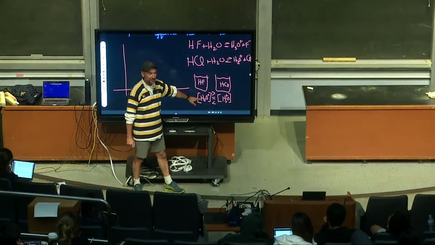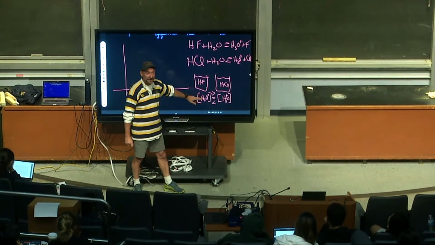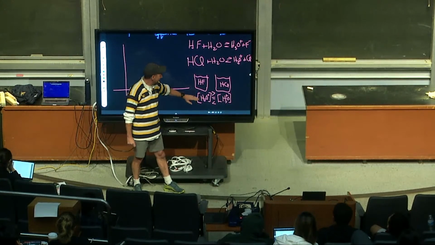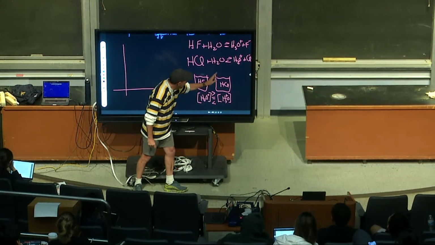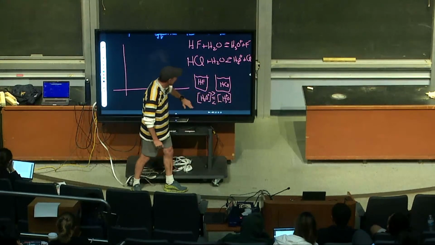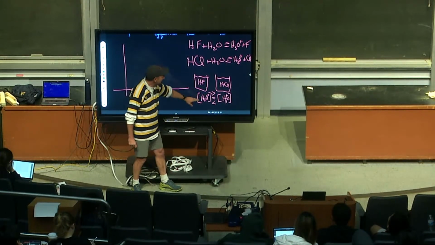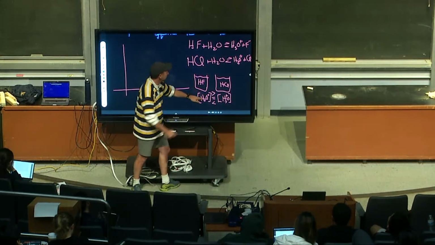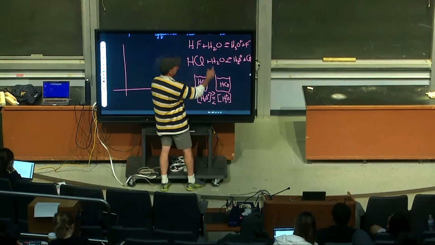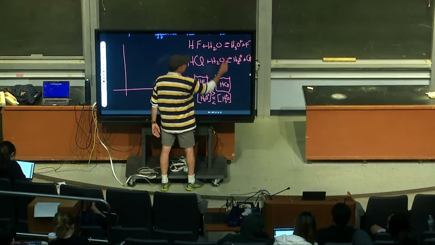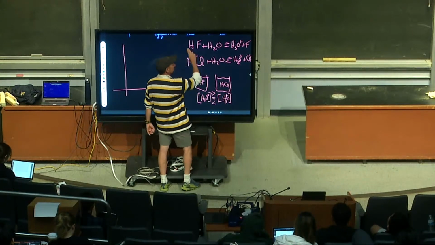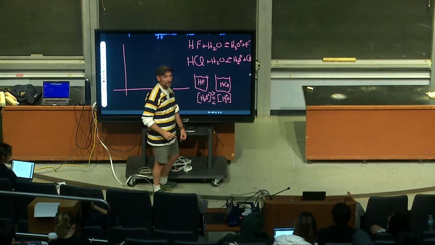Yes, higher pH. Now I'm doing it. Lower pH in this one, higher concentration here than here. This is a weak acid. It makes less. That's the whole point. It makes less of this. If both of these go, this one makes a high concentration, this one makes a low concentration. Okay?